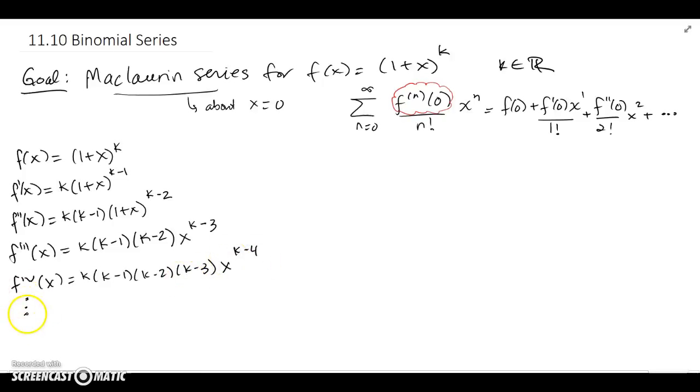Now we're going to try to see a pattern for the nth derivative. Based on what happened here, I definitely have these guys building up, and then I have to stop at some point and have x to the k minus something when I'm in the nth spot. So I'm going to write these out for sure. Then I'm going to have somebody that comes right before, and it looks like k minus n.